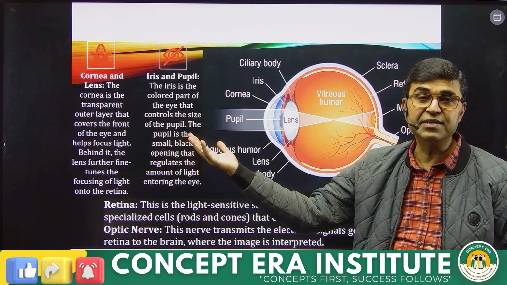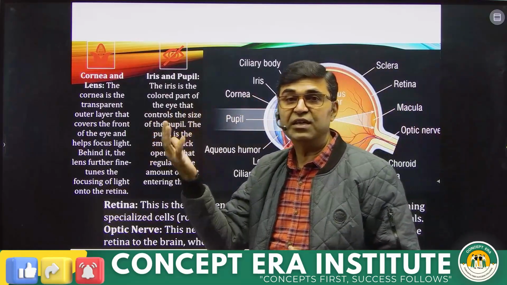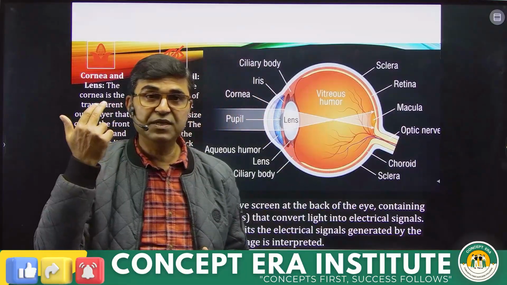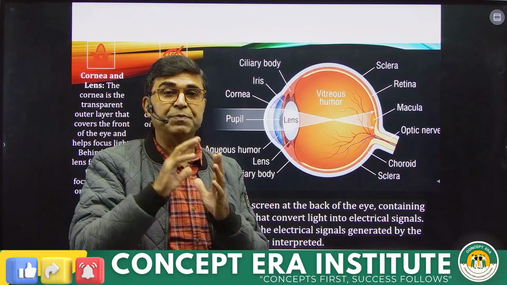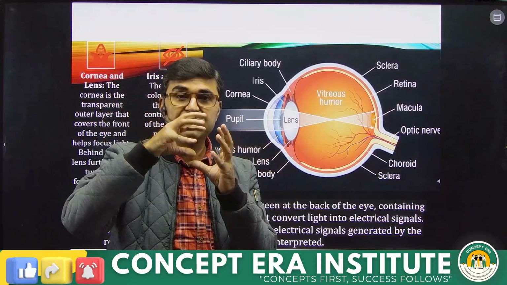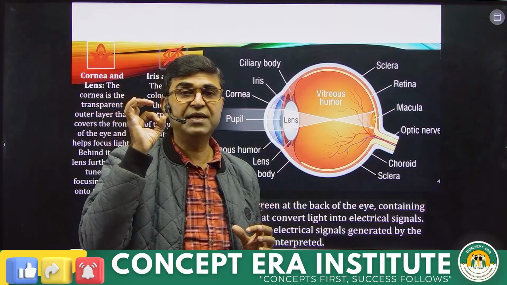If the light is bright, then too much light, if it enters the eye, it may damage the internal portions of the eye. So the iris expands and the pupil becomes very small. So less amount of light enters the eye.